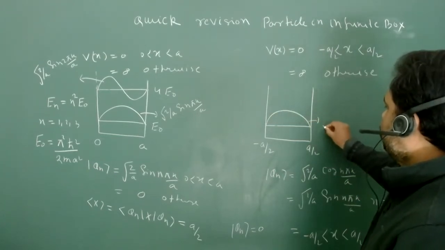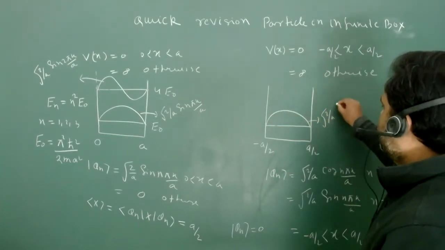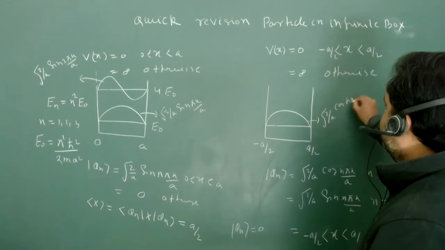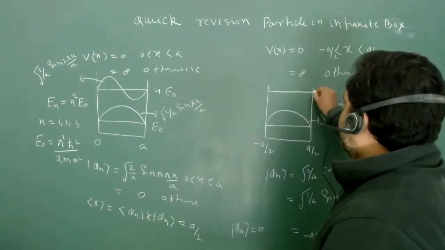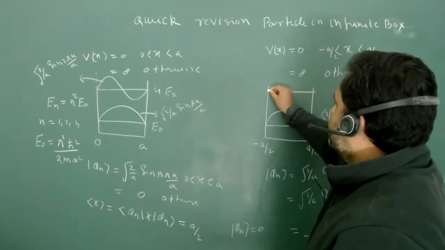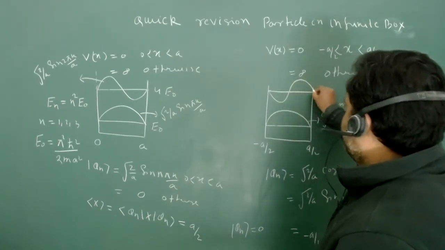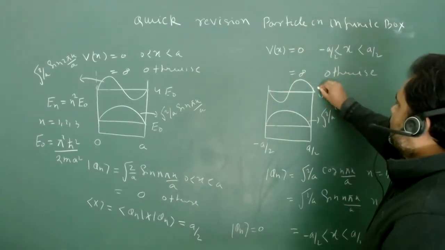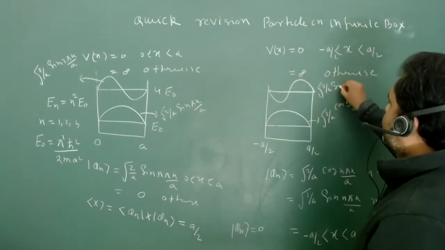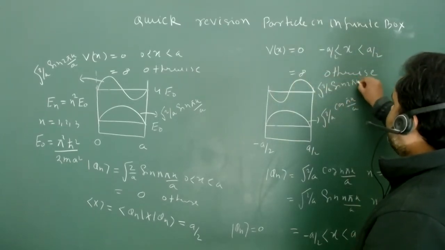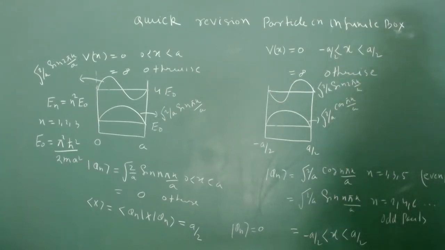You can just remember this will be root 2 upon a cos pi x upon a, and here the function is again a sine function, and this function is root 2 upon a sine 2 pi x upon a. What is the energy eigenvalue?